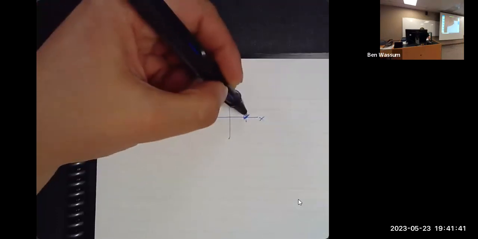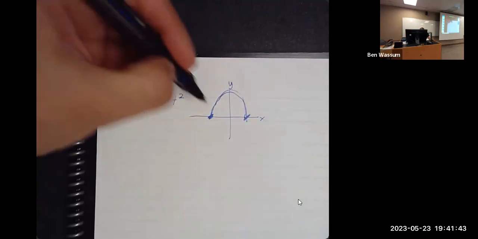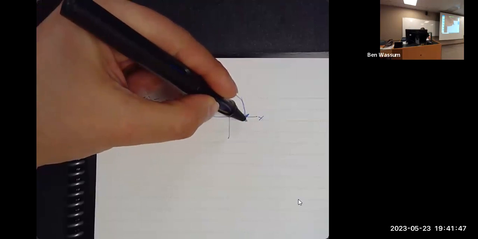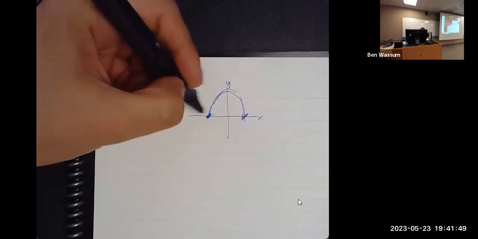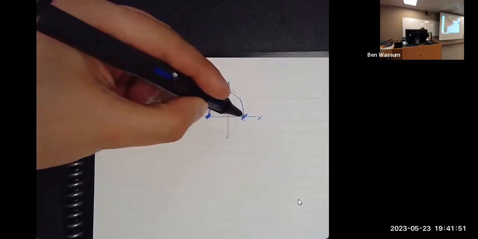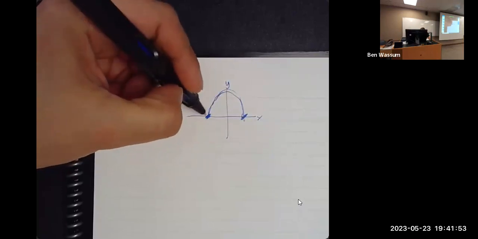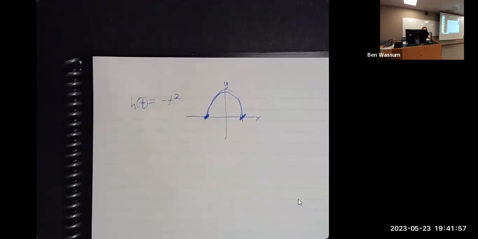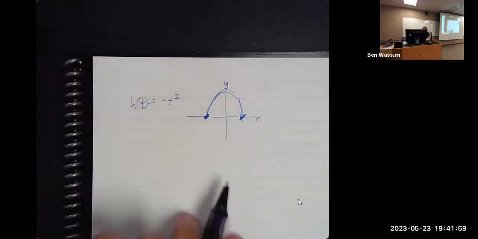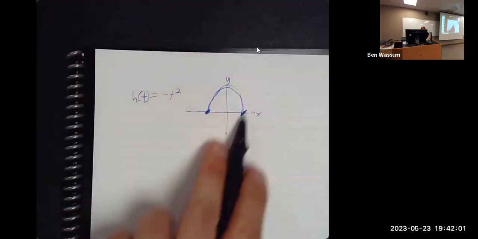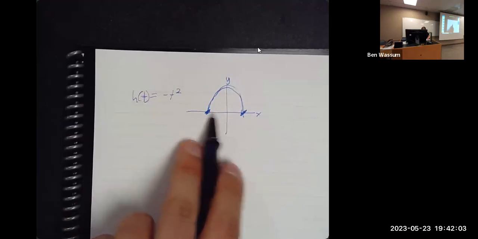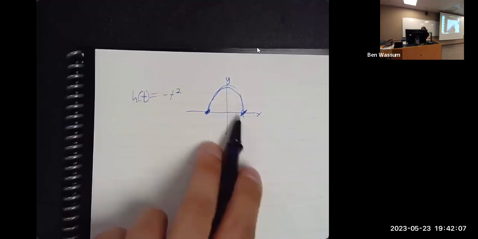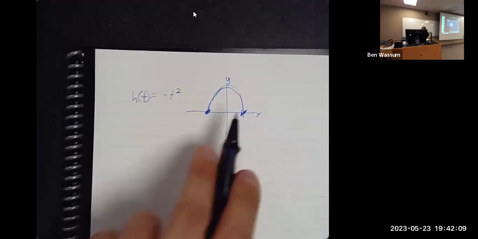One's going to be here and one's going to be here. But if I'm throwing something upwards and it hits the ground, I'm probably going to be looking for that one, right? Not so much this one, because that's where we started. So you'll see a little bit more of why these particular answers are going to be able to be weeded out in a moment here.